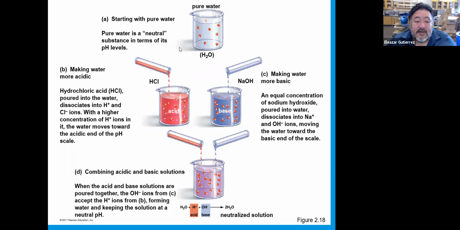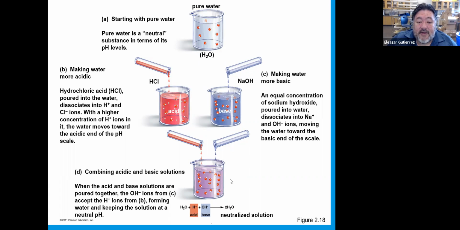And your author shows you what would happen if you used a pH indicator like phenolphthalein. You would end up with water. If you add acid, it would turn red. If you added base, it would turn blue. Okay. And here, there's a little bit of a lie.